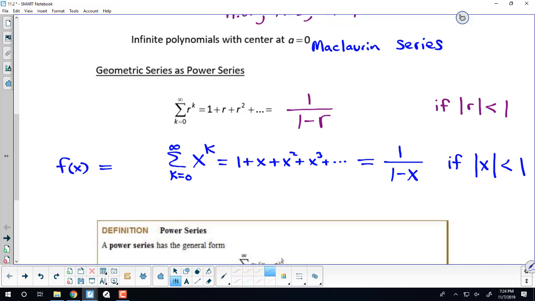What we're actually implying here is that this series converges to this function if you're within that boundary of x.